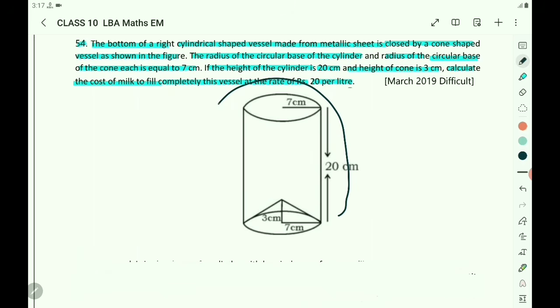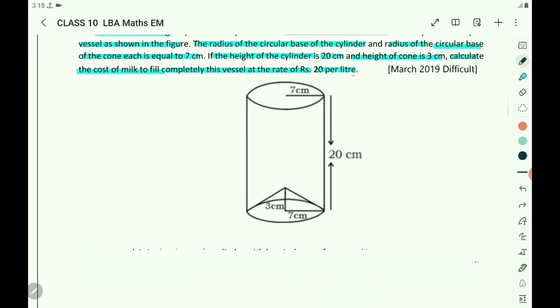This is the vessel and the bottom portion is in the form of a cone. The volume of the milk in the vessel is equal to volume of cylinder minus volume of this conical part. So you take the radius for each.